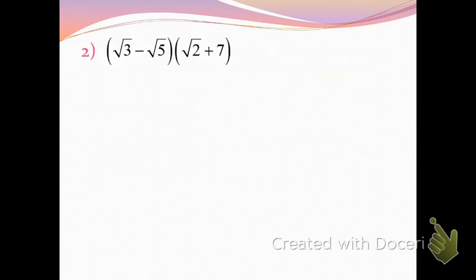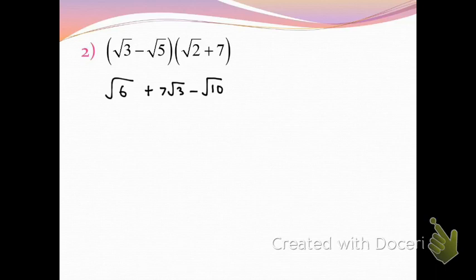Okay. So now I have a binomial times a binomial. First, outer, inner, last. Here we go. Square root of 3 times square root of 2 becomes the square root of 6. Good. Our outer would become what? Plus 7 square root 3. Our inner would become minus square root of 10.